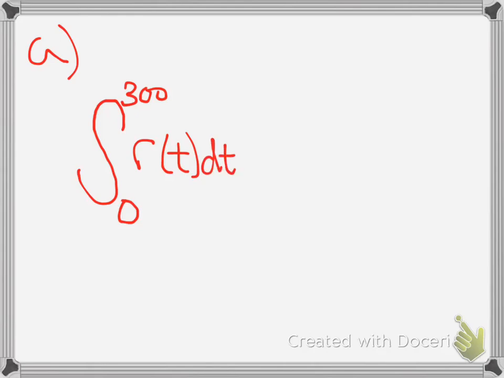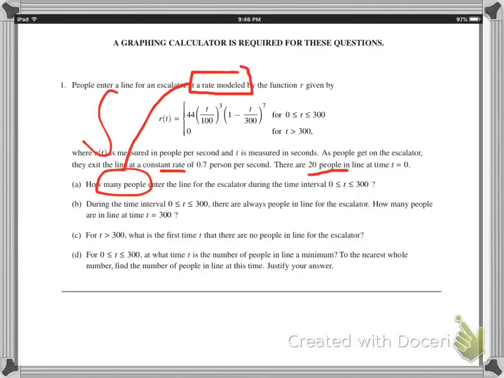I keep having trouble with my pen here. So this is going to be the integral from 0 to 300 of r of t with respect to t. Since we're only looking from 0 to 300, we only need the first part of this piecewise defined function. I don't need the second part where t is greater than 300.